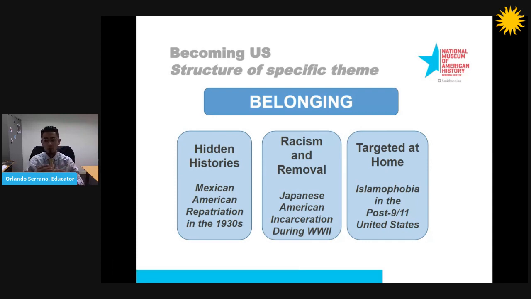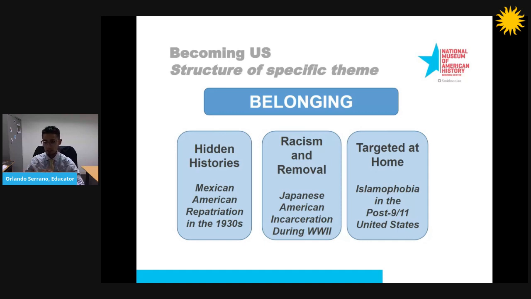Racism and removal, we also have a case study that focuses on a topic or a time that oftentimes gets taught. So Japanese American incarceration during World War II is the known story. And then we also have a contemporary issue that illustrates the through line of history that we're talking about.